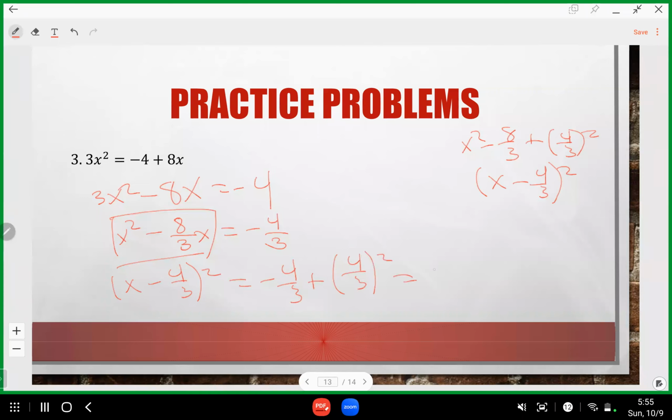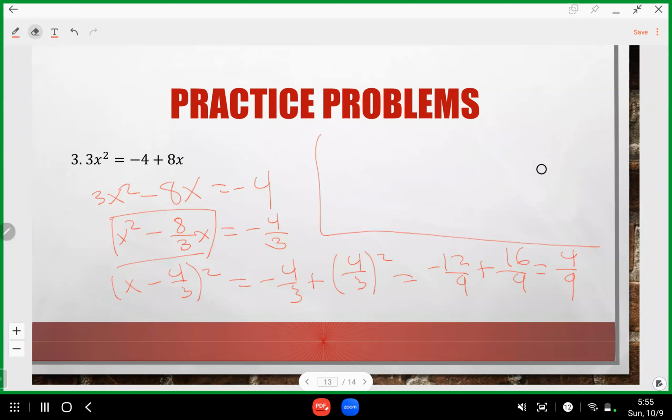That's equal to negative 12 over 9 plus 16 over 9, which is 4 over 9. All right, let's go on to our next step. Let's take the square root, and this is equal to what?